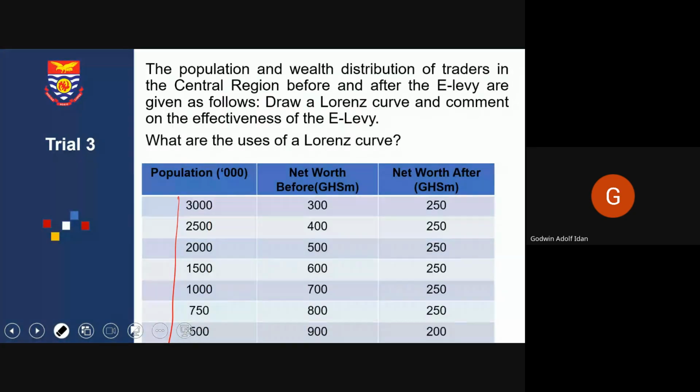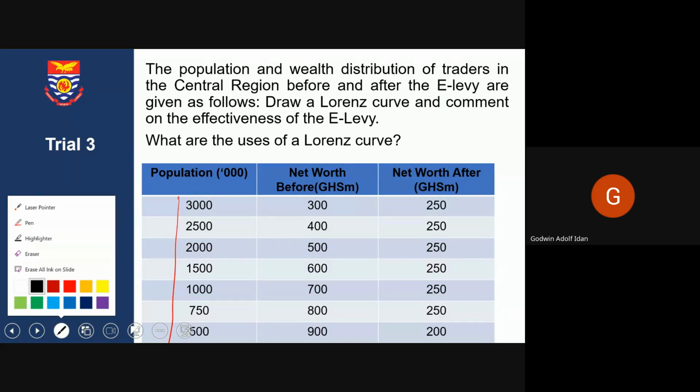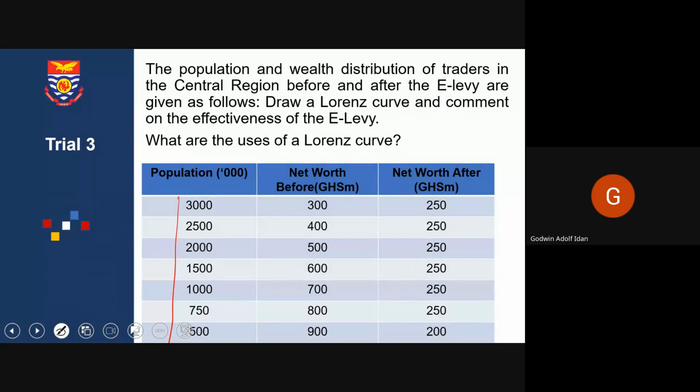So let's add the population values, and then we do the ranking. 3,000 plus 2,500 plus 2,000 plus 1,500 plus 1,000 plus 750 plus 500. Let's find the total. What do we get?